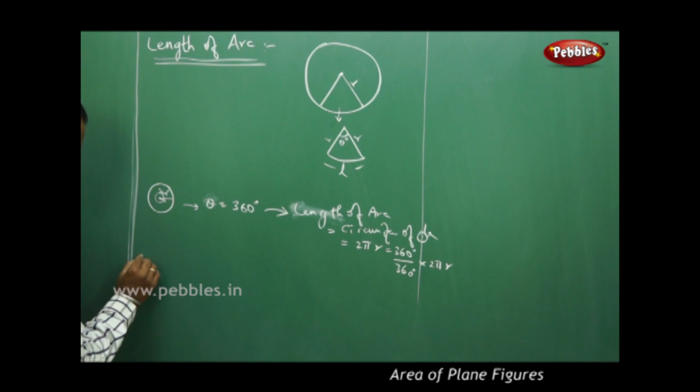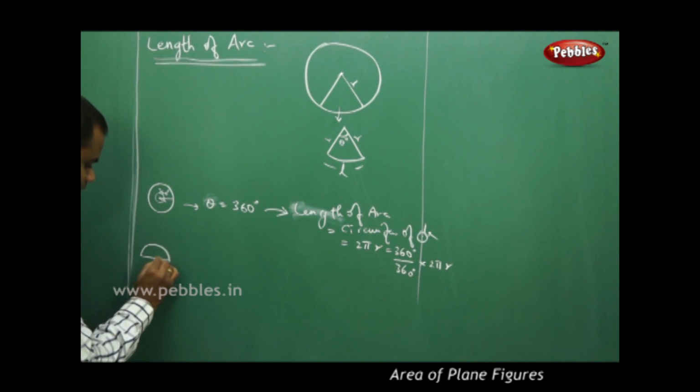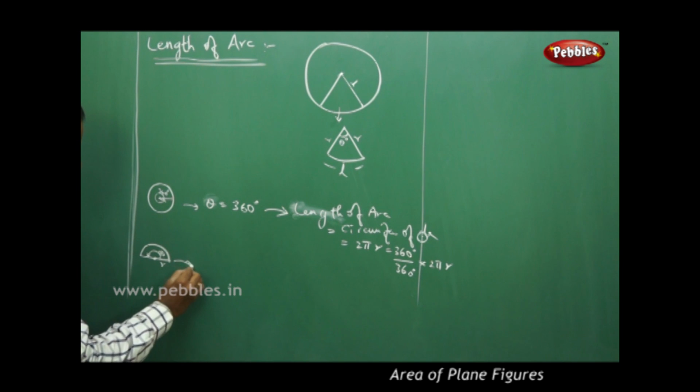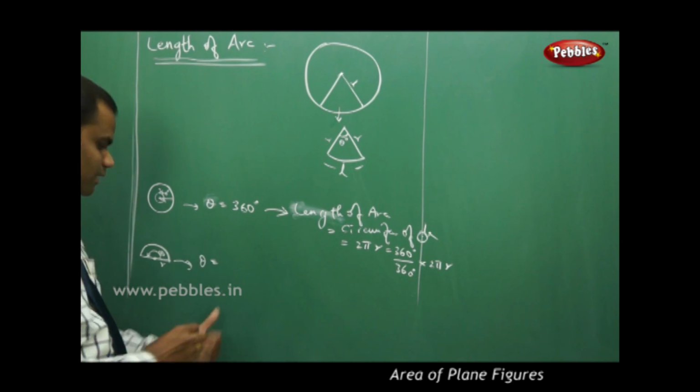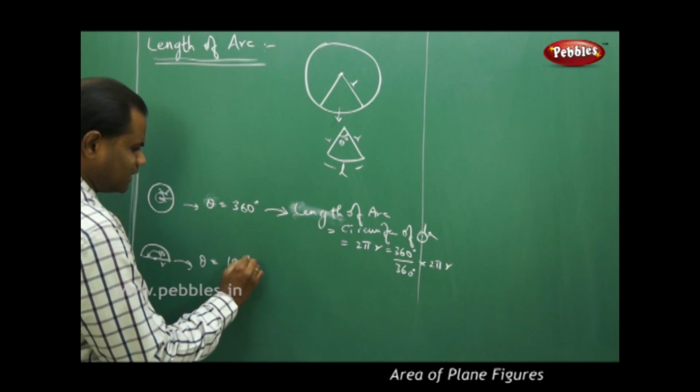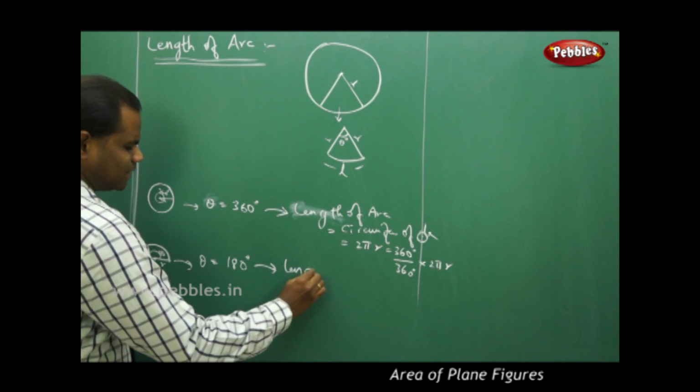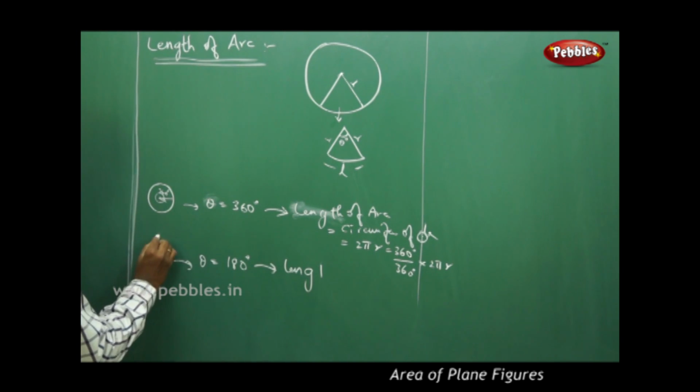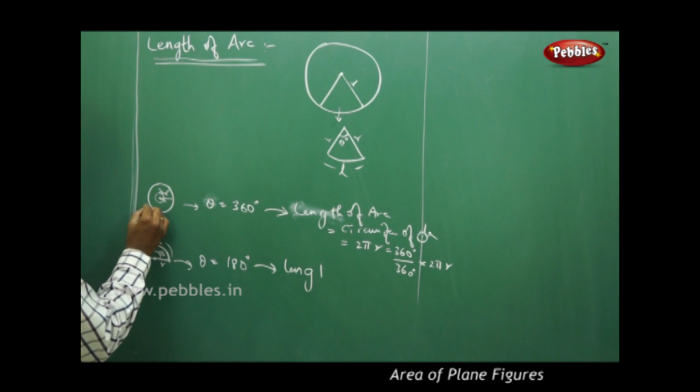Similarly, I take a semicircle of radius r. Therefore, in this case, my angle is 180 degrees. So in the case of a semicircle, my angle is 180 degrees. So I get in this case my length of arc. This is the length of the arc, the whole length of arc here.